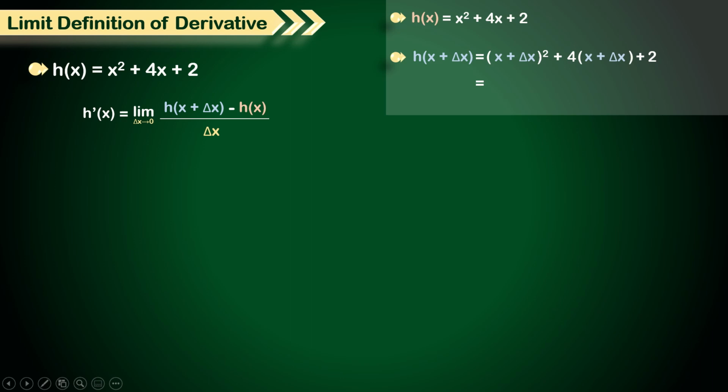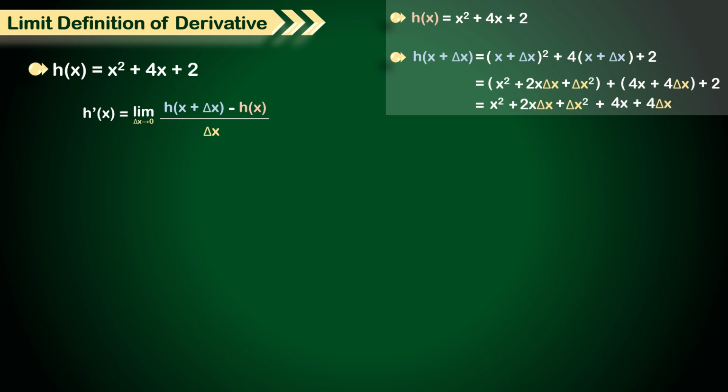The square of x plus delta x is x squared plus 2x delta x plus delta x squared, plus the product of 4 and x plus delta x, which is 4x plus 4 delta x, and plus 2. Remove grouping symbols. h of x plus delta x is equal to x squared plus 2x delta x plus delta x squared plus 4x plus 4 delta x plus 2.